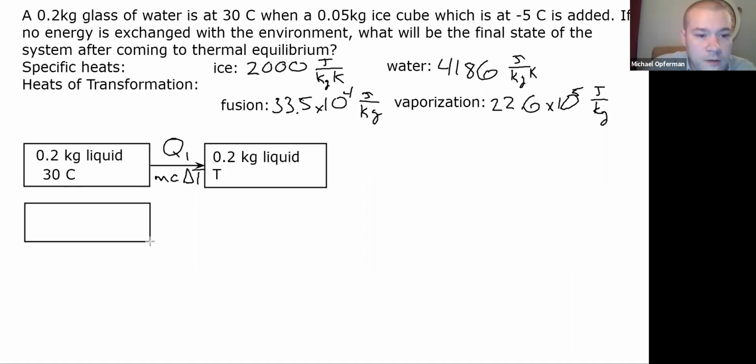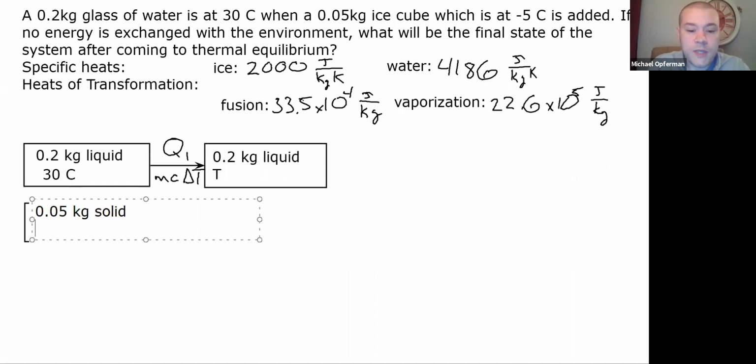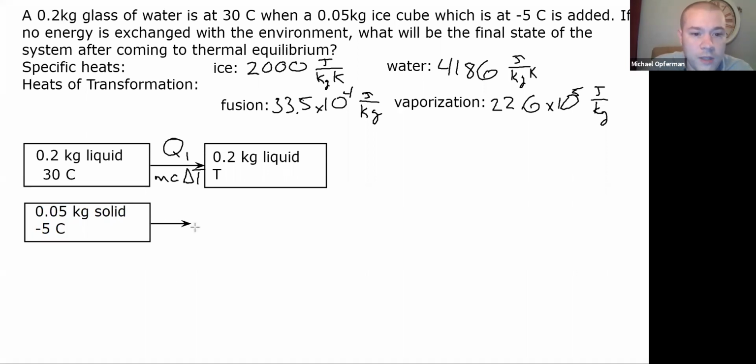Now, on the other end, we've got the ice. So here we have 0.05 kilograms of solid ice, which is at -5 Celsius. So now this one's going to be a more complicated transformation. The first thing that's going to happen to it, since ice melts at 0 degrees Celsius, that means the first thing that needs to happen here is the ice needs to warm up to the melting point.